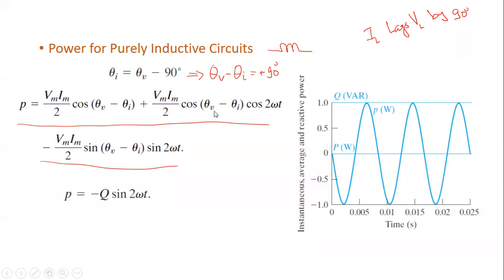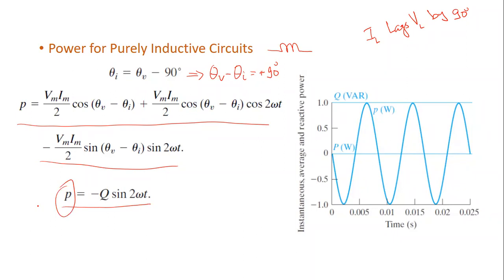Here again, cosine 90 degrees is 0, so the second component is equal to 0. And here sine 90 degrees is 1. Then it will be Q, which is V maximum times I maximum over 2, times sine 2 omega t. So this is the instantaneous power.